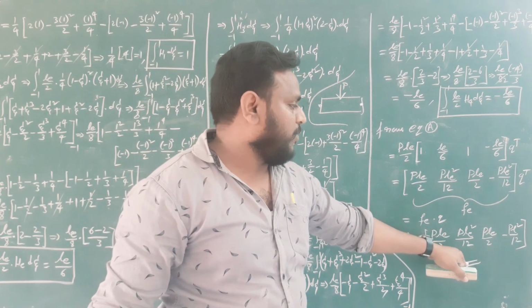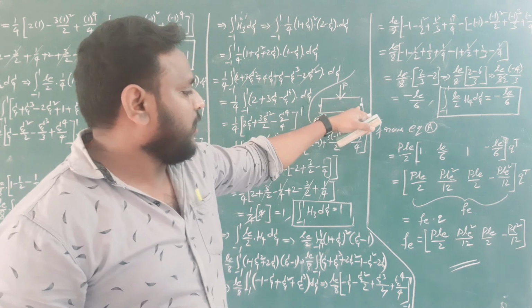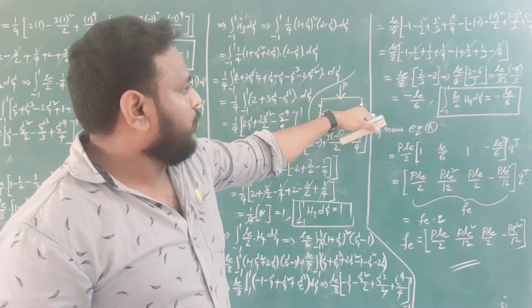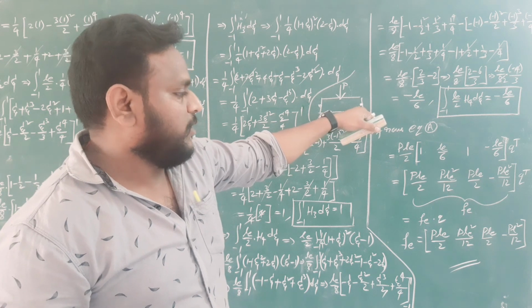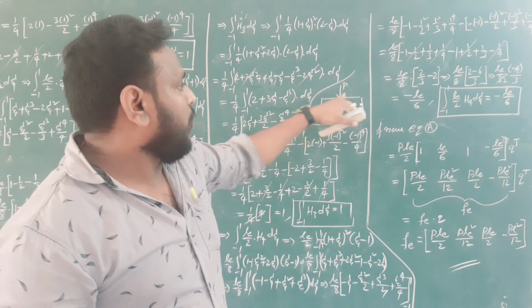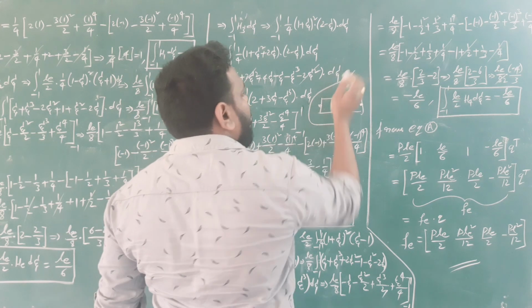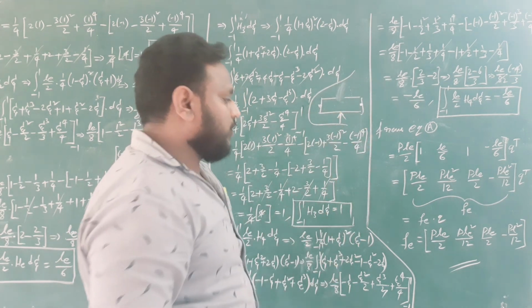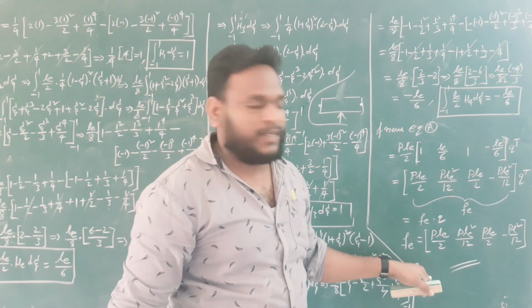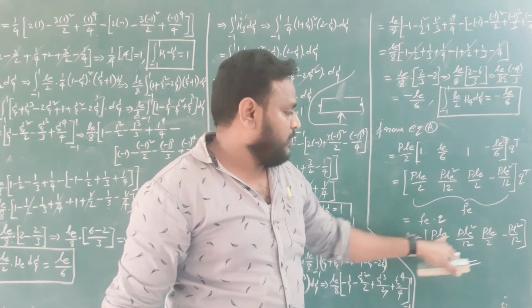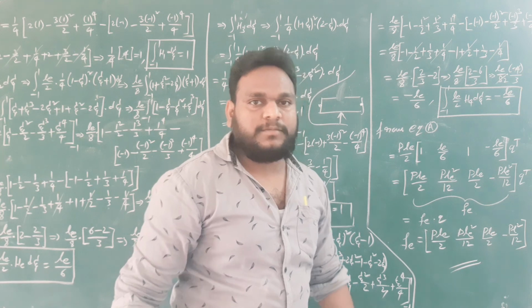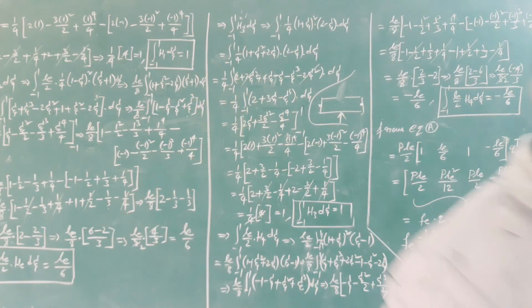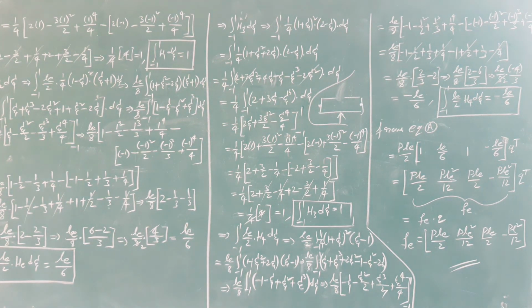That is, P LE by 2 is the linear force, and P LE square by 12 is the moment. Next, the second P LE by 2 is linear, and P LE square by 12 is the moment. If the load is applied in the upward direction, this equation becomes minus, this is also minus, this is also minus, and this becomes positive. This is the final relation we got.